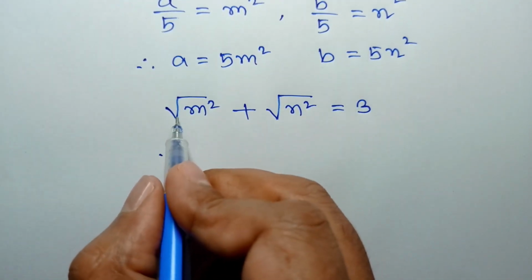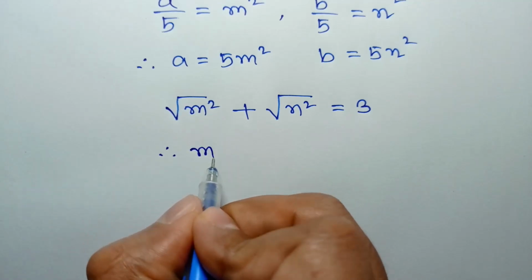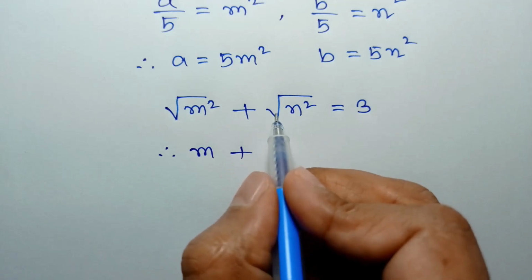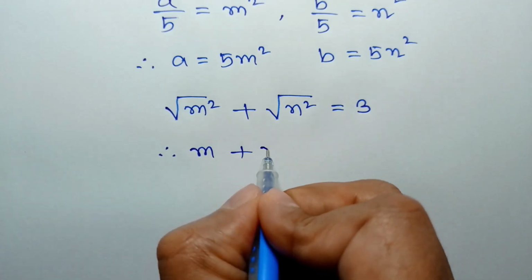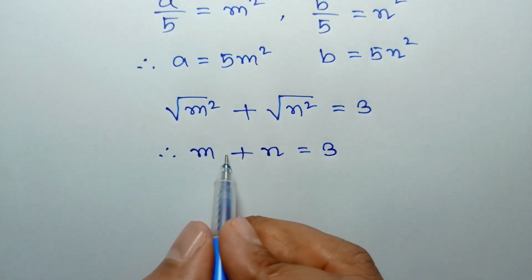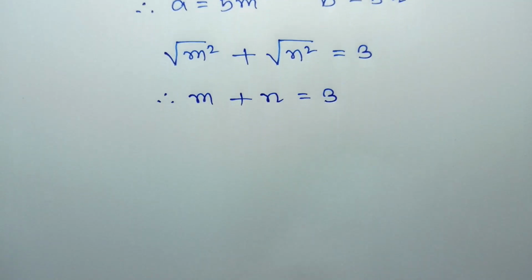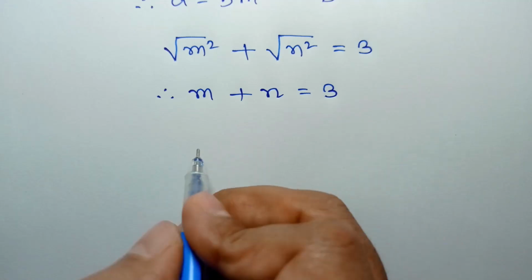The square root and square will cancel out, so it will be m plus, similarly, this square root and square will cancel out, so it will be n is equal to 3. Here m and n are integers, so the sum of two integers is 3.